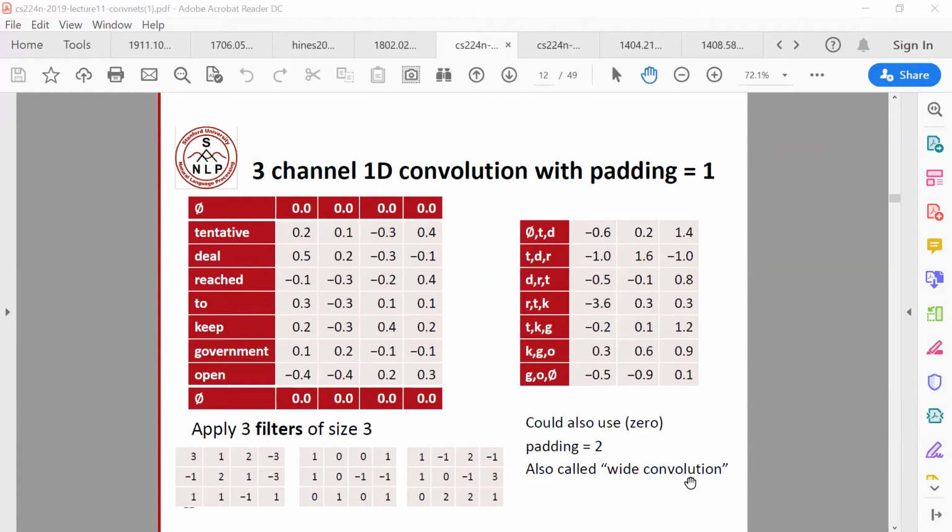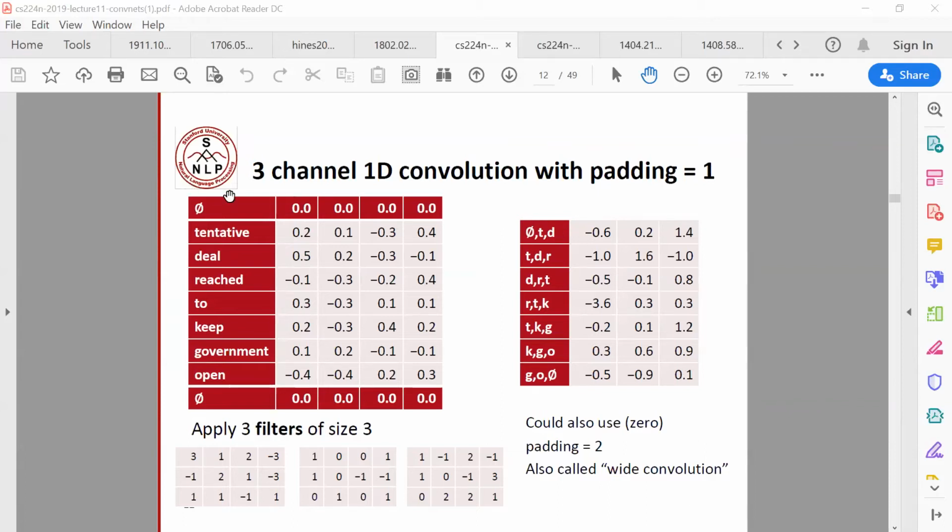Let's see. He says if you use 0 padding, if you use 2 rows of 0 padding instead of just 1, then you have a convolution that gives you a wider result than just the number of words in the sentence. So by padding equals 2, you actually mean 4 padding, like 2 on the top and 2 on the bottom?